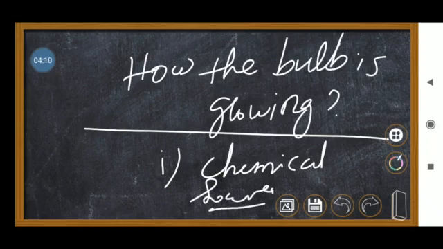Inside that chemical source there will be some electric potential difference. Due to that potential difference, the ions continuously move, so the chemical energy is converted into electrical energy. Due to that movement of ions, electricity is passed. That movement of ions happens because of the potential difference.